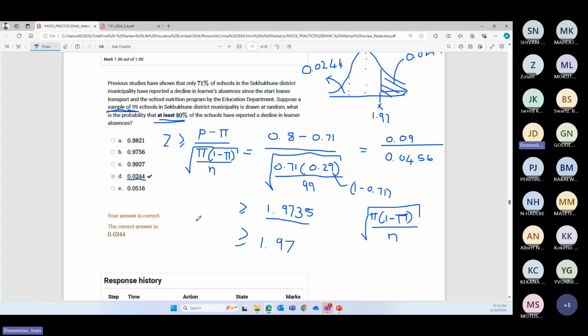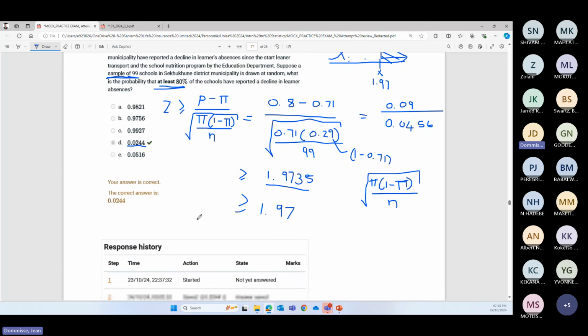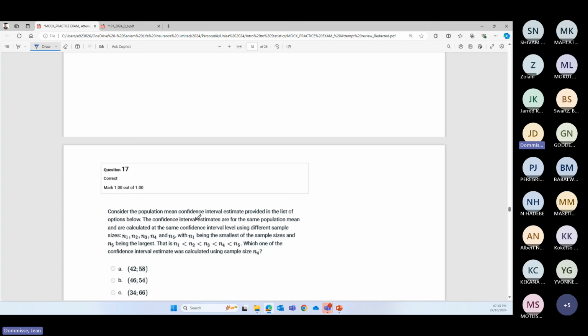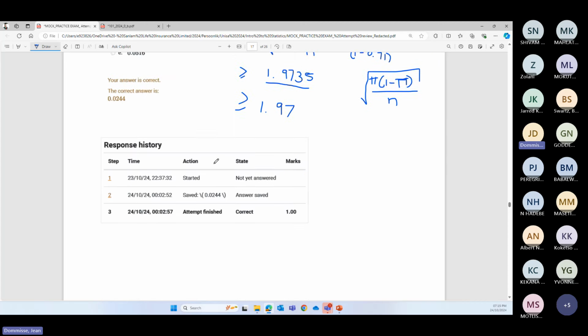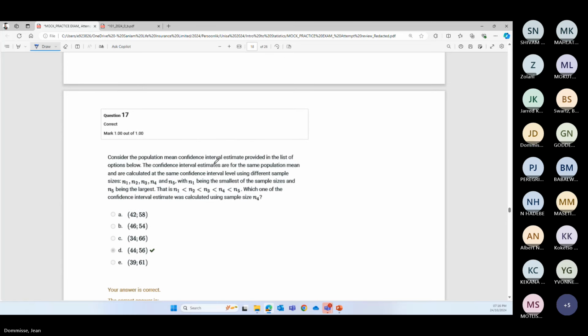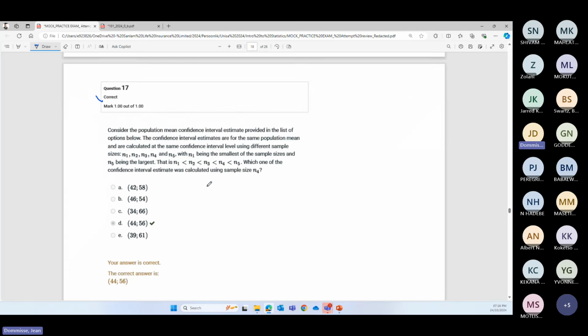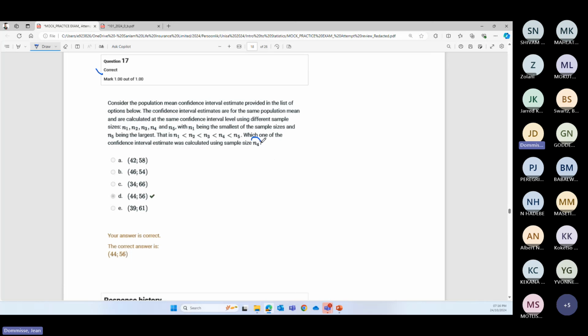Okay, so what was not in this mock exam is the one where the standard deviation is unknown. So just take note of that. It wasn't there in that one. This one we did last night, so it is in last night's recording. Last night's one we had N3, so now it is N4.